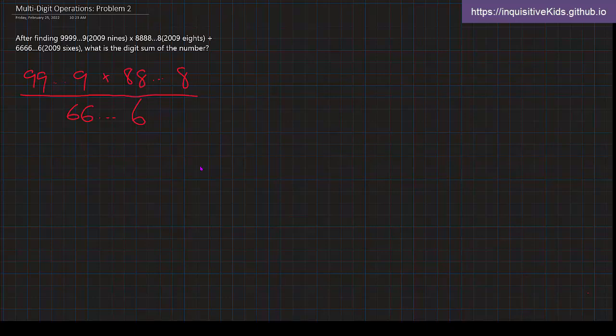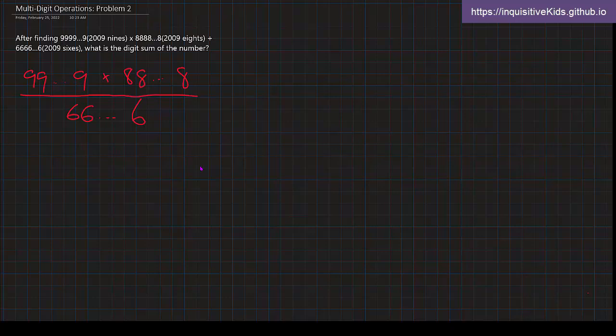I'm not going to write down and stack 2009 nines and 2009 eights, multiply every single one of them, and divide that by 2009 sixes. That's not very efficient, as I would call it. The reason I'm stacking it as a fraction is to simplify this fraction and make this a bit easier.